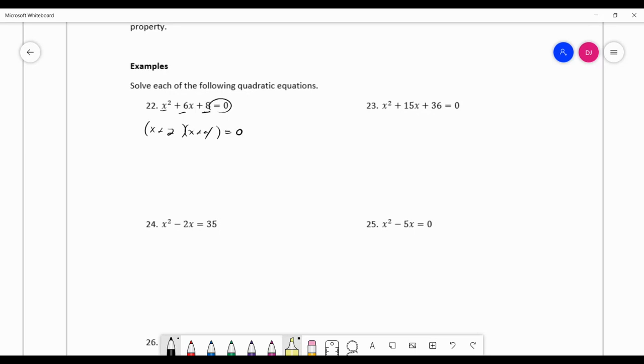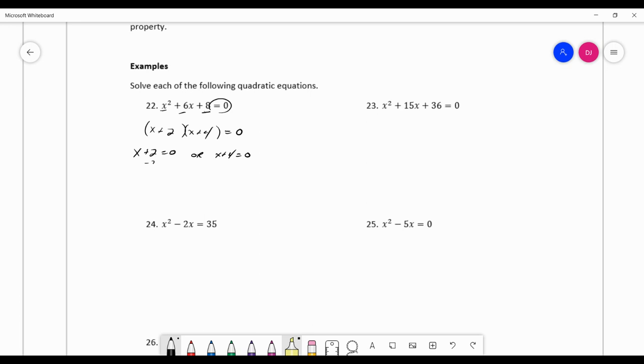Now, here's the magic of 0. If you multiply two numbers together to get 0, one of them has to be 0. So, if x plus 2 times x plus 4 equals 0, then either the x plus 2 has to equal 0 or the x plus 4 has to equal 0.